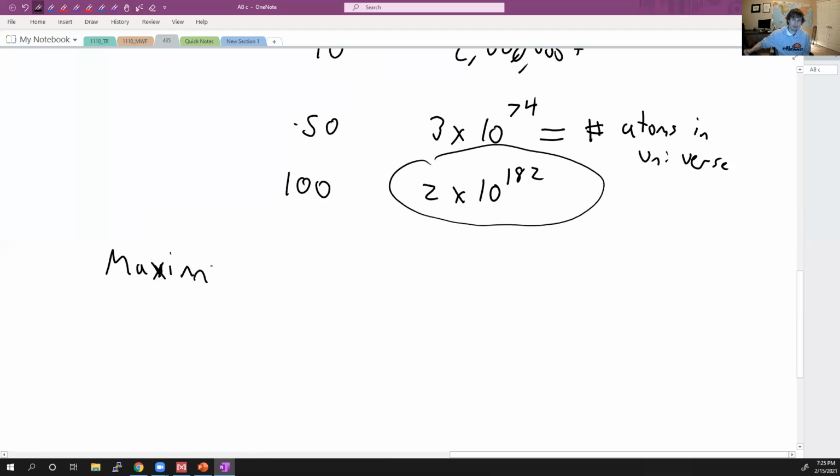And so maximum likelihood is usually favored over neighbor joining because in maximum likelihood, we're going to sample that tree space and try to find the best tree in all of that tree space.